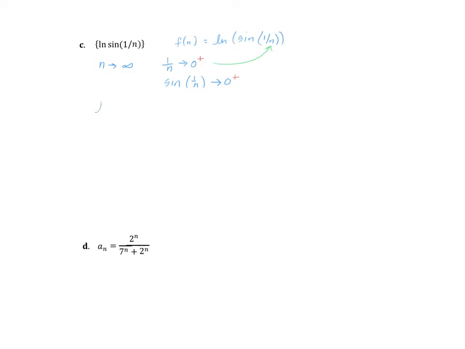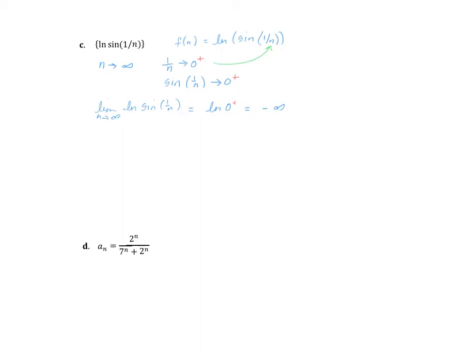So that means that this limit, as n goes to infinity, of natural log of sine of 1 over n is equal to natural log of 0, but we're coming in from the right, and the natural log function as we approach 0 from the right is equal to negative infinity.